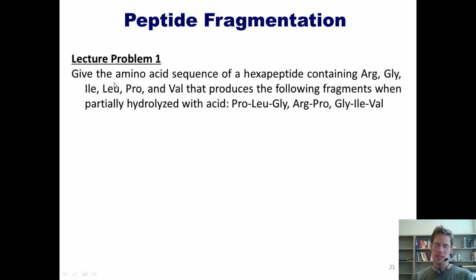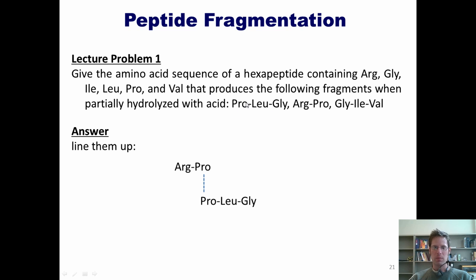Because we are told in this problem that our peptide has 6 amino acids, and there are 6 different amino acids to choose from, it means that we couldn't have used any of these twice. So what does that mean? What it means is that all I have to do is line these things up. I'll start with arginine proline and line it up with this fragment, proline, leucine, glycine, and then line this fragment up with glycine, isoleucine, valine.